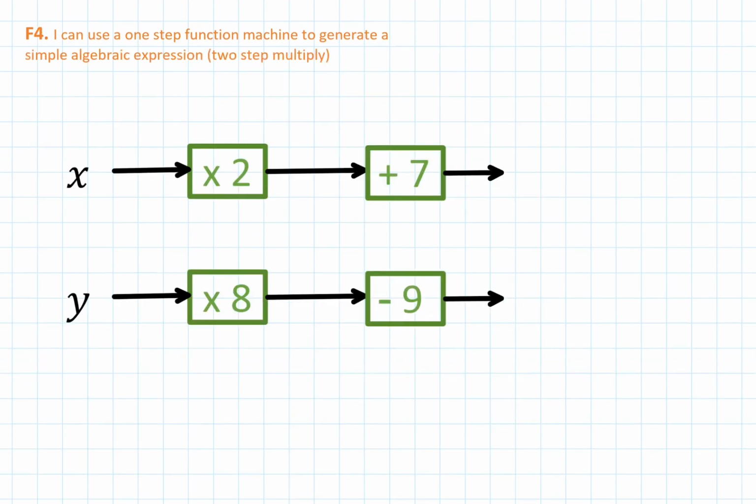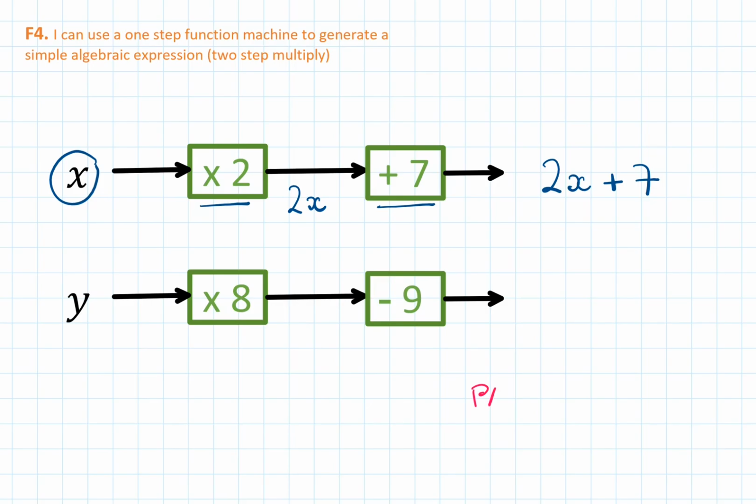So now let's look at what happens if we have two-step function machines where the input is an algebraic expression. In the first case, we start with x, we multiply that by 2, so our intermediate result will be 2 lots of x, and then we add 7 to that, so our final result is 2 lots of x plus 7.